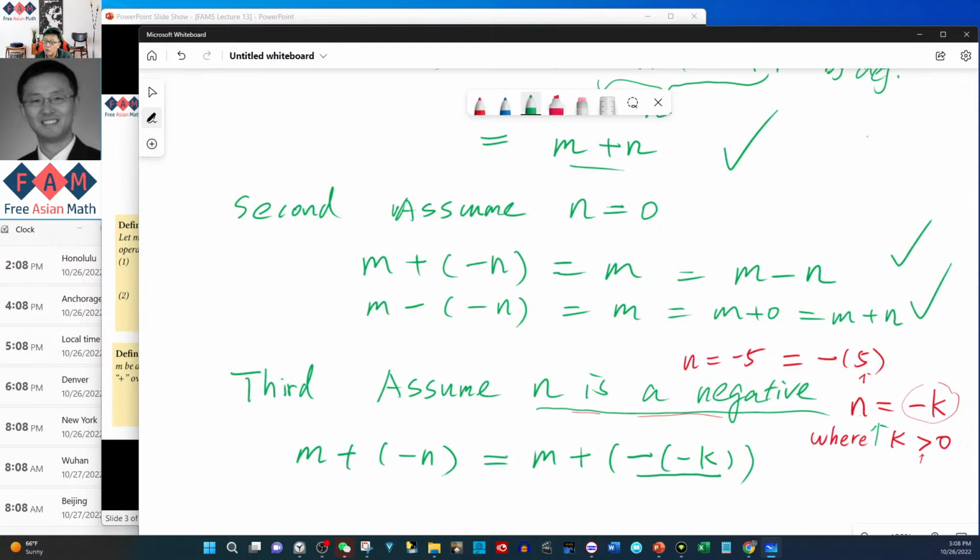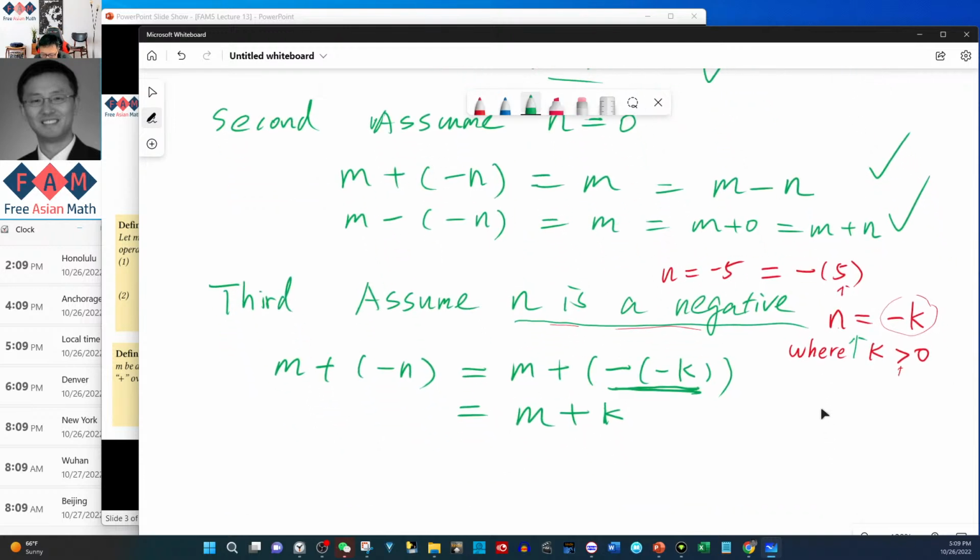And it doesn't matter where you start. You start with a positive or you start with negative, doesn't matter. You do 2 flippings about 0 on the number line, you go back to yourself. So magically, when we have this, we truly know this is just m plus k. Okay? So, but what is k?